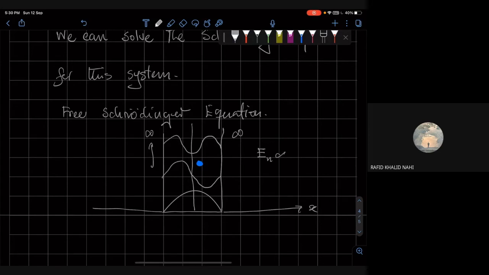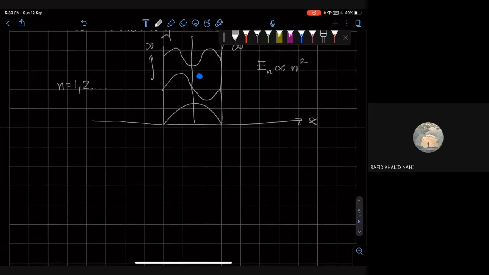Do you remember what the energy levels look like? If n is an integer, say 1, 2, and so on, what did they look like? So it's proportional to n squared. Exactly.